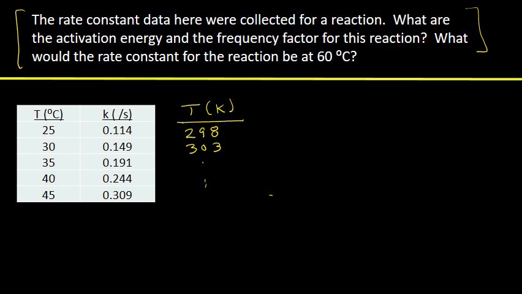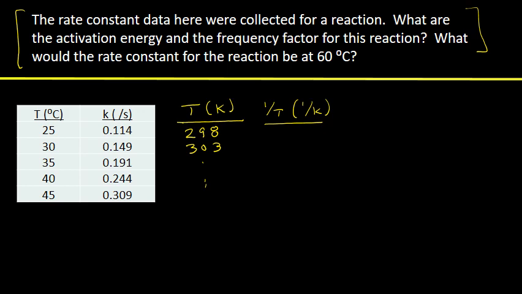Okay? But remember, on that x-axis, we don't want temperature, but rather reciprocal temperature. So we make another column here. We take the reciprocal of each of these numbers, and you can do that in your calculator by typing 1 divided by 298, 1 divided by 303, so on and so forth.